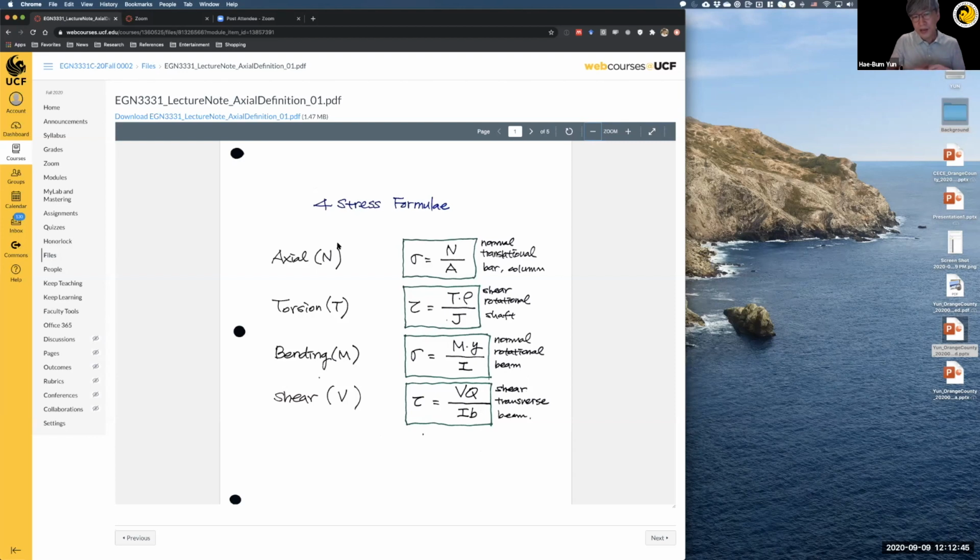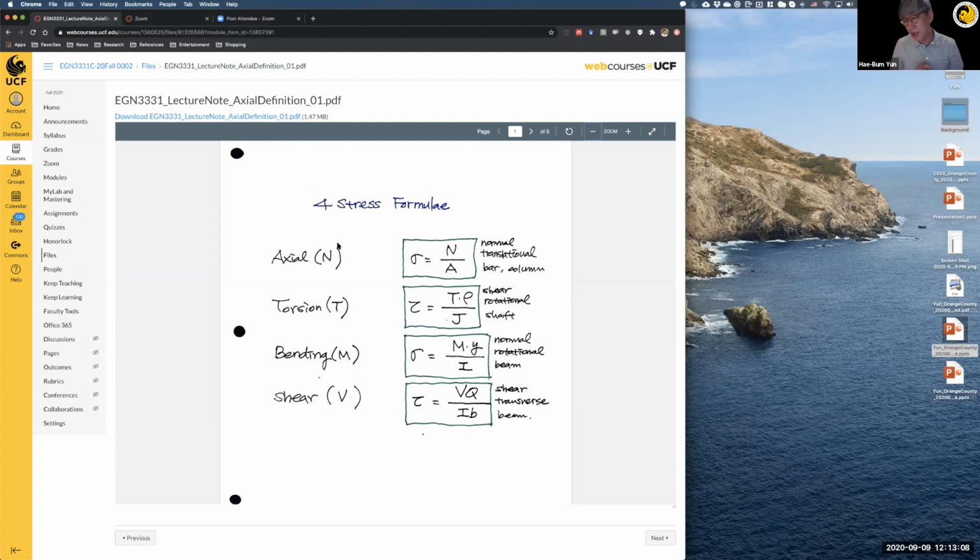On the other hand, torsion creates twisting, right? So it will twist, so it creates a rotational deformation. And if you cut the cross section, then the stress direction is in plane.